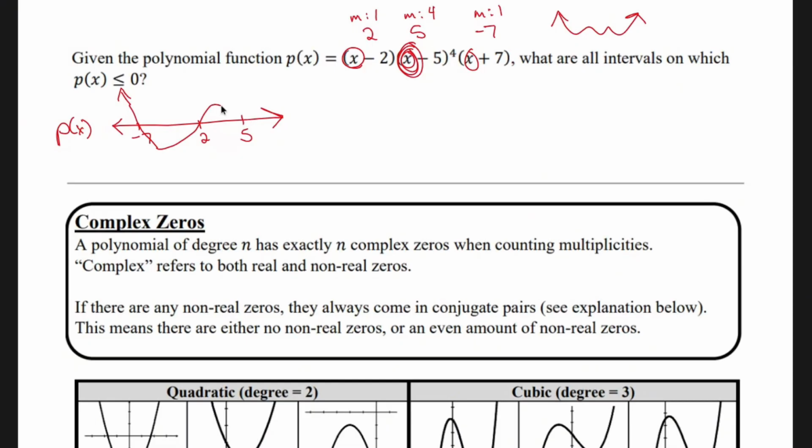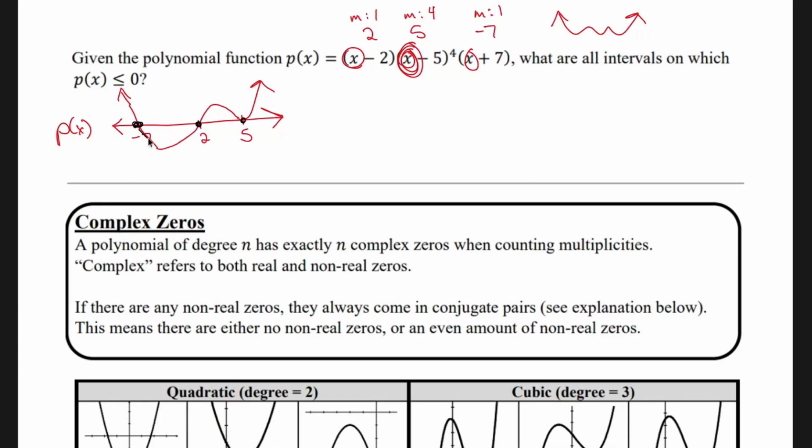It's going to have to come back down, and once it hits 5, it's going to bounce off because of the even multiplicity. So there should be bumps somewhere around here. We'll deal with that later. But right now, this is what we know. These are the values. So I'm asking you, when is this going to be less than or equal to 0? This is going to be a weird answer. You ready? It's going to be equal to 0 in 3 spots, union, and union.